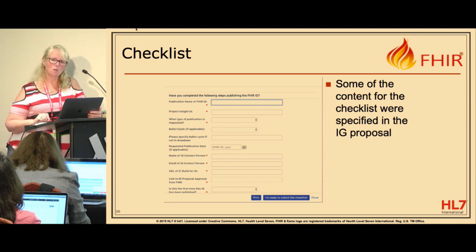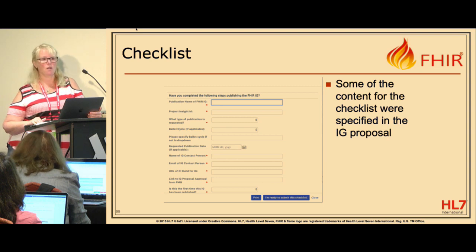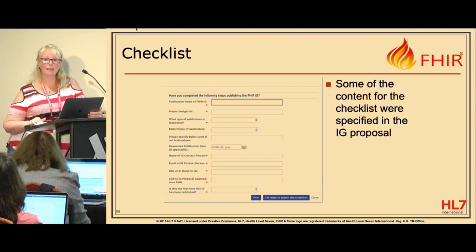So it isn't just ticking this off because it has to be submitted, because you may get emails after the fact from Lynn and others saying your footer's wrong, your version's wrong, you need to fix this. And there will come a time where if this is still wrong leading up to ballot, you will not be able to go to ballot. So this checklist is in place as a reminder to you that all of this is in place.